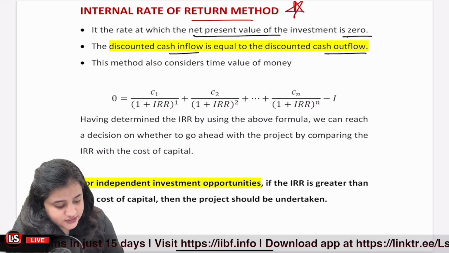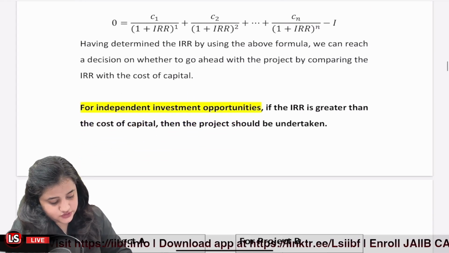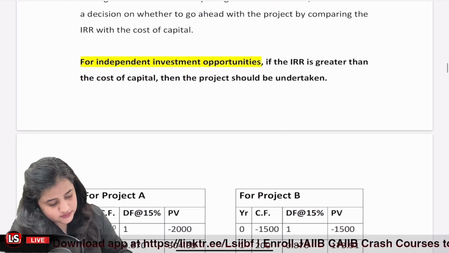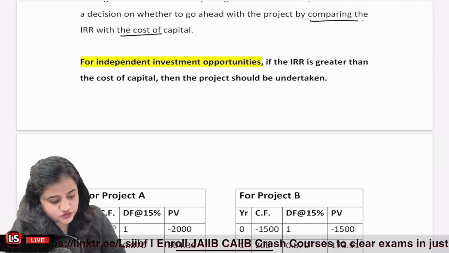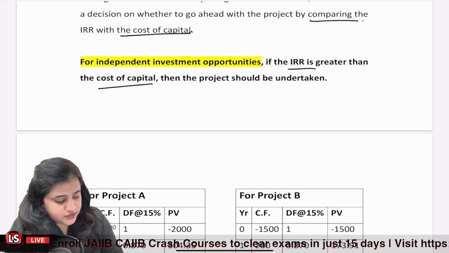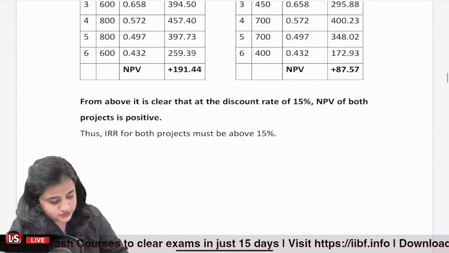So this method considers time value of money, right? So NPV is equal to zero. To make the investment decision, we compare the IRR with the cost of capital. Where IRR is greater than the cost of capital, the project should be undertaken, and where it is lower, we should not undertake the project.